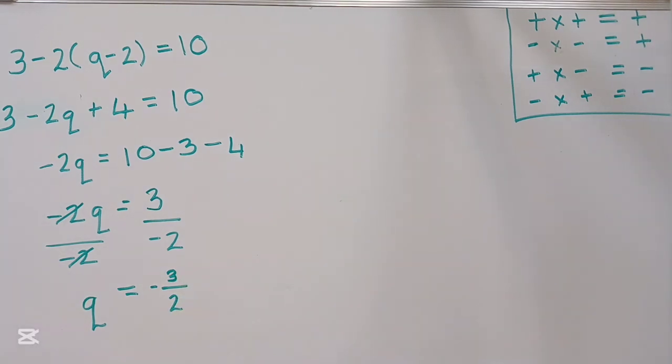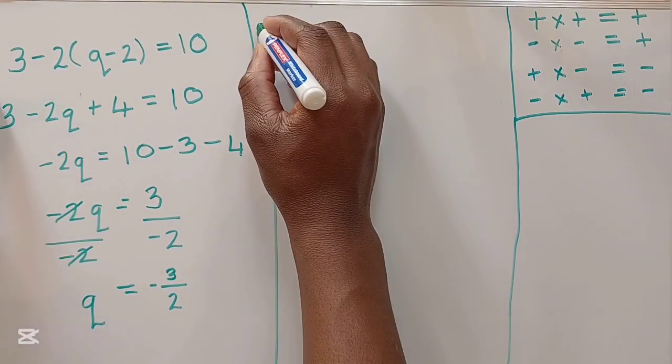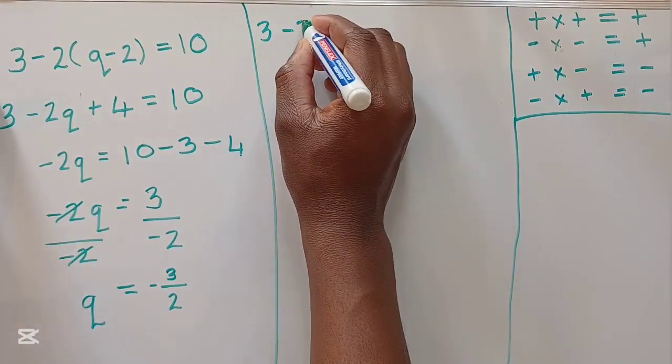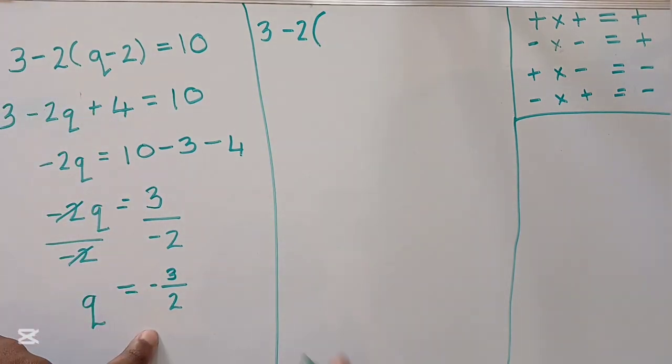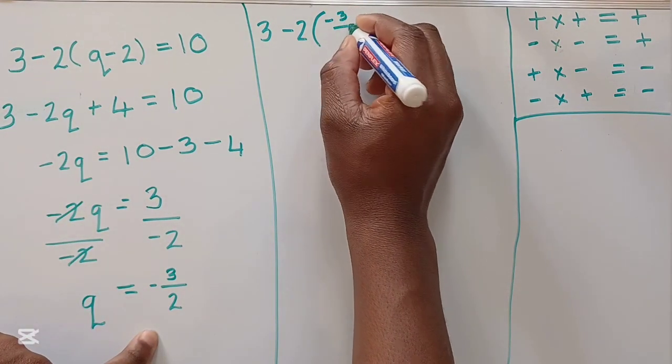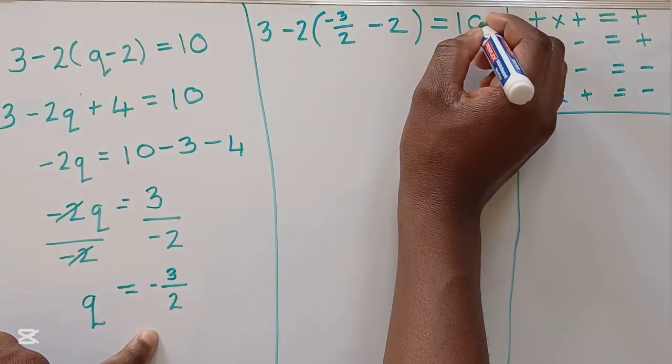If you want to verify that the value for q is correct, wherever there is q, you're going to replace the q with negative 3 over 2. Let's do that now. So we have 3 minus 2 open bracket, where this q is, we replace it with negative 3 over 2, minus 2 equals 10.